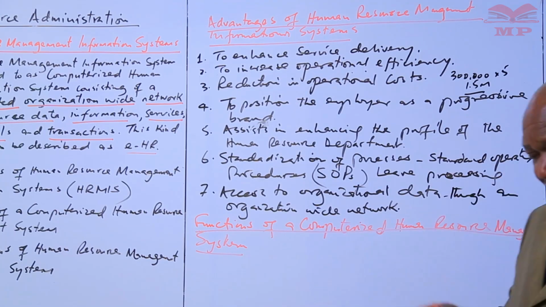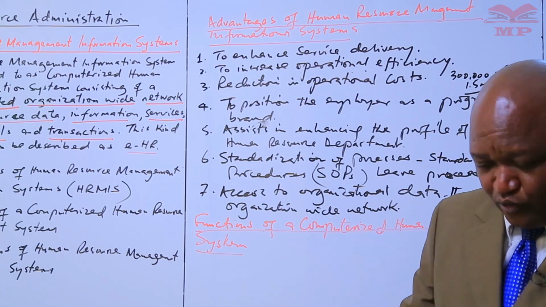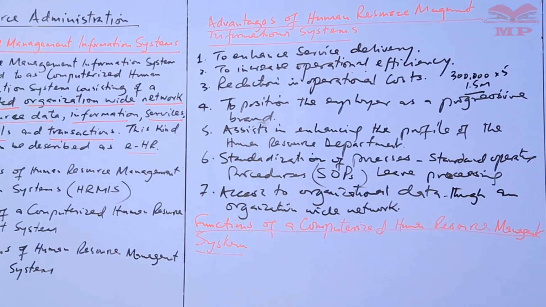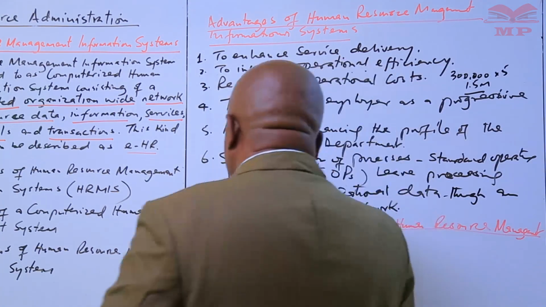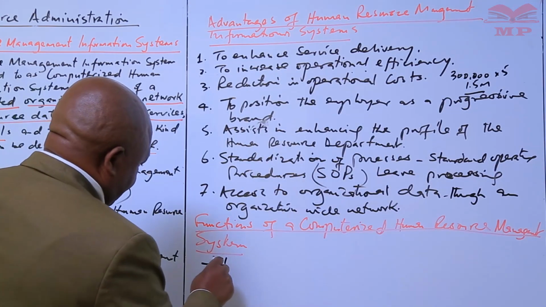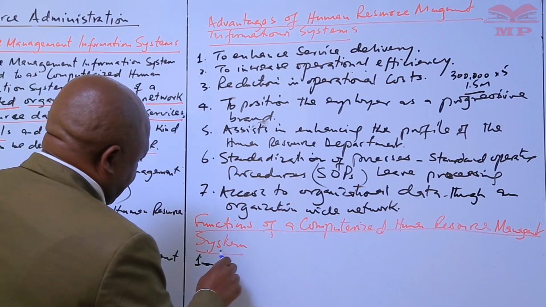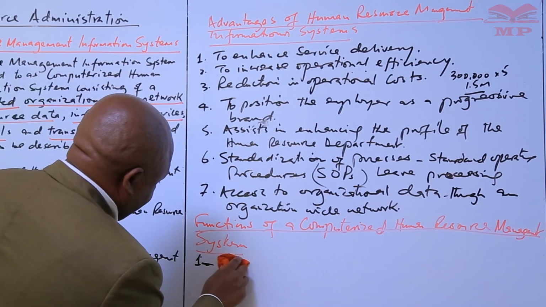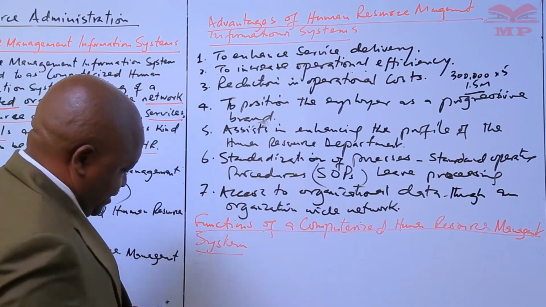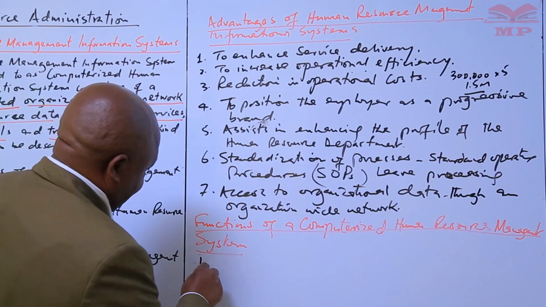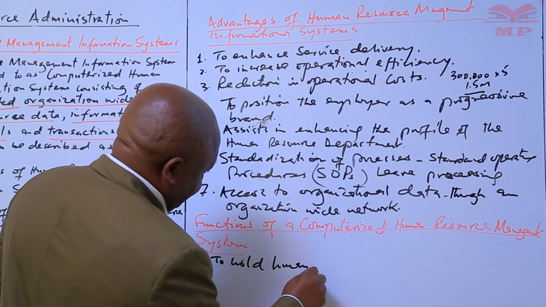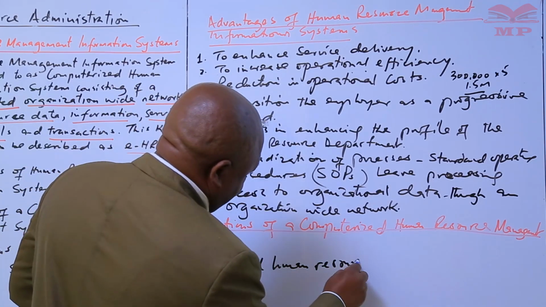So what you need to note, learner, is that where you have a computerized system, one of the things the computerized system can do, number one, is to hold human resource data.